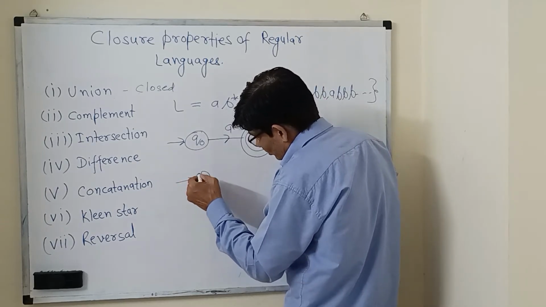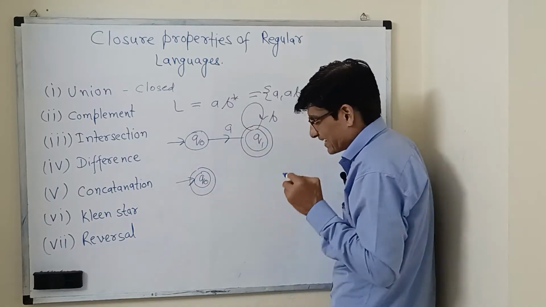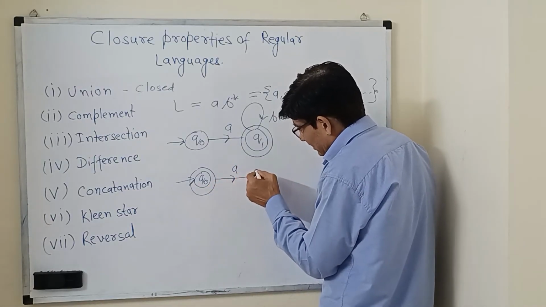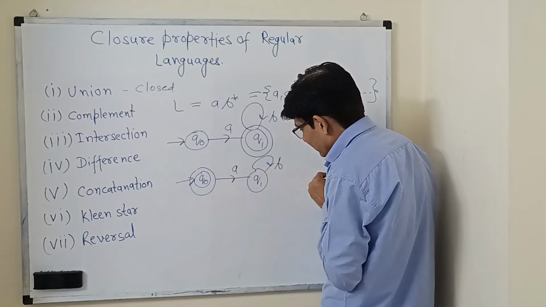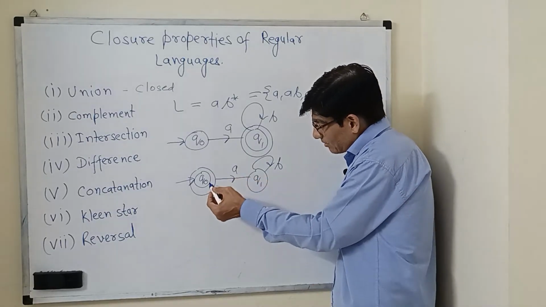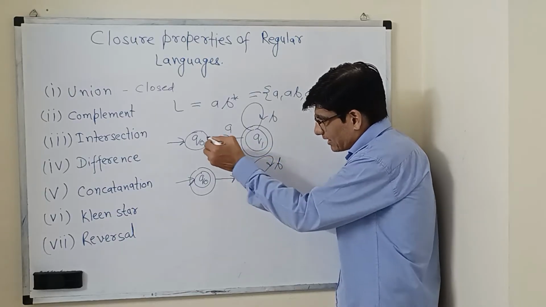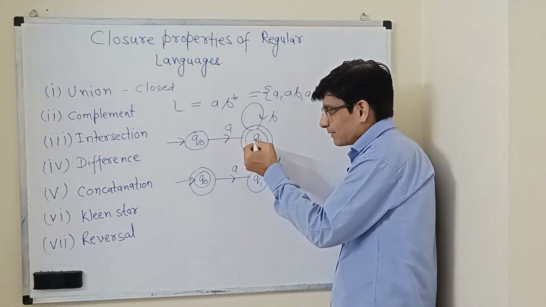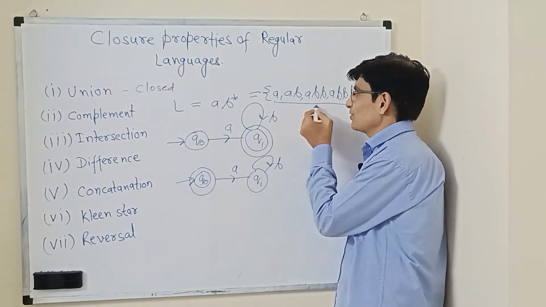To create the complement of this language, we can make Q0 the final state as well as the initial state, and then we have A to Q1 and a self loop of B there. So now if we change the final state into non-final and the non-final state into final, then this will not accept any strings from this set.